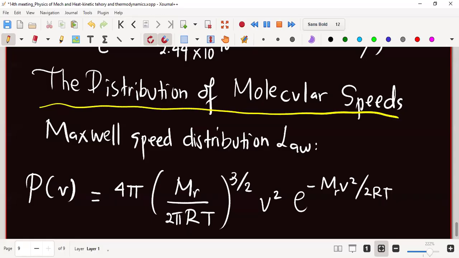It is this equation that we plot. We can plot these equations.